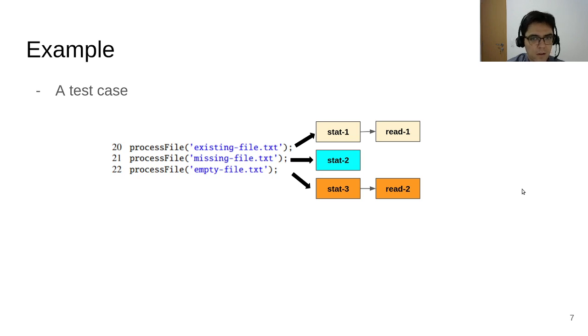Notice that the stat callback comes before the read when the same file is processed. The missing file has only the stat callback, and ordering between the stat and read callbacks exists only for the same file.